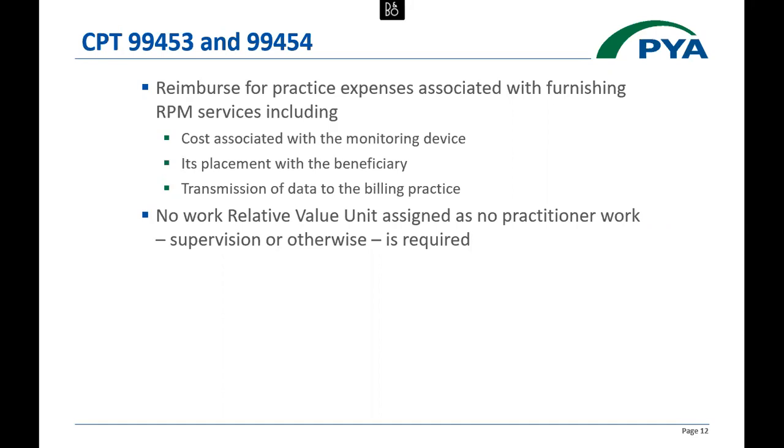Because this is usually not done by a practitioner, most of the time by a staff, it could even be done by a vendor, there is no work relative value unit assigned to it, which would be important if you are in a model, for example, that might have a work RVU basis.